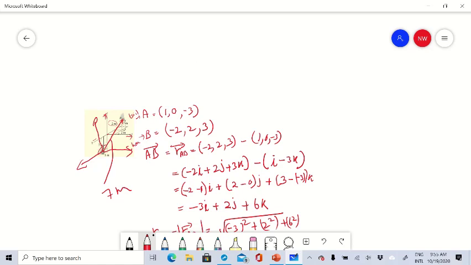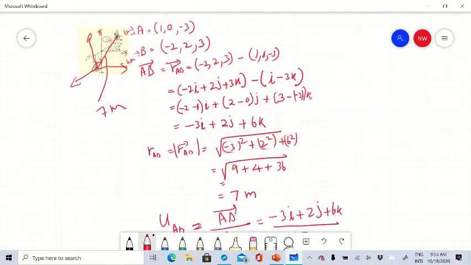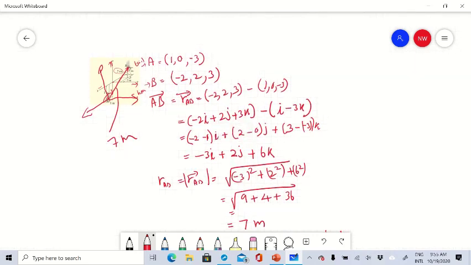So this angle is 115 and beta is 73.4, right? Angle between the tail and positive y direction is equal to 73.4 and this angle is equal to 31 degrees, right?